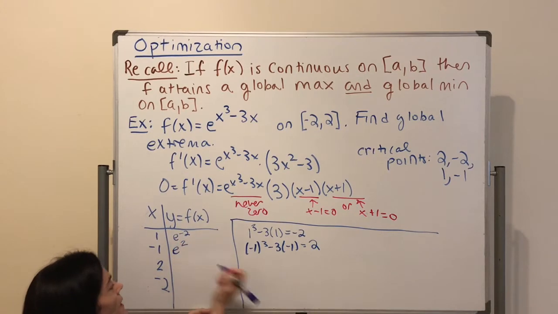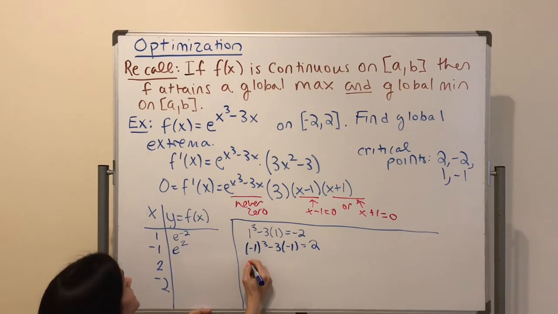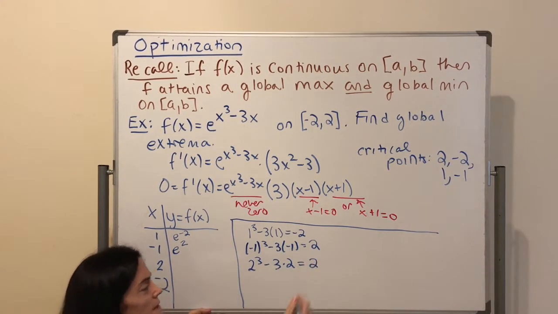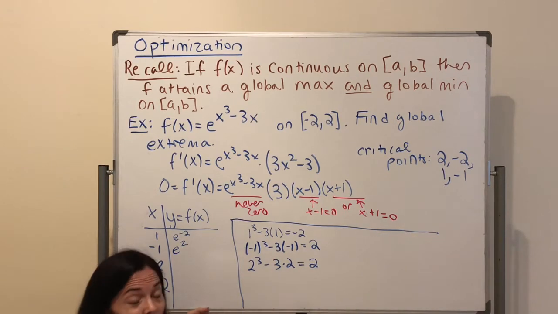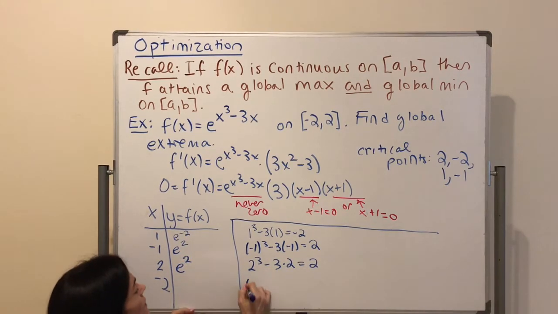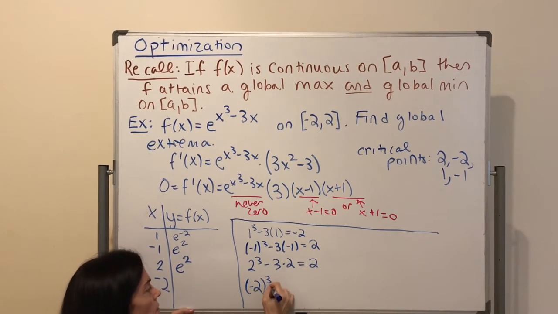This is e squared. And then we want 2 cubed minus 3 times 2. This is 8 minus 6, which is 2. Over here, I'm just computing what's up inside the exponent. So the function value here is e squared, and then we have minus 2 cubed minus 3 times minus 2.